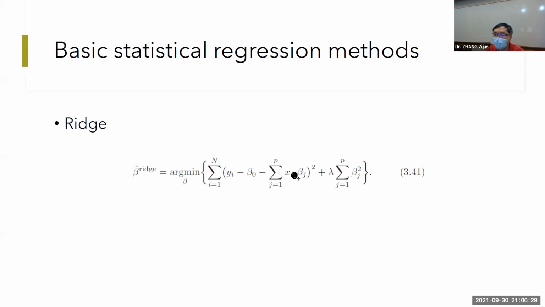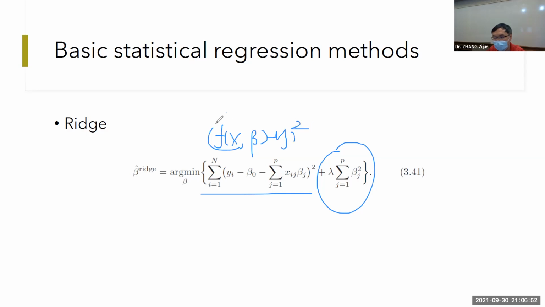To prevent the collinearity problem of the attributes, people introduce an extension of the linear regression, which adds a penalty after this residual. So this one is the summation of the squares of f(x, beta) minus y.